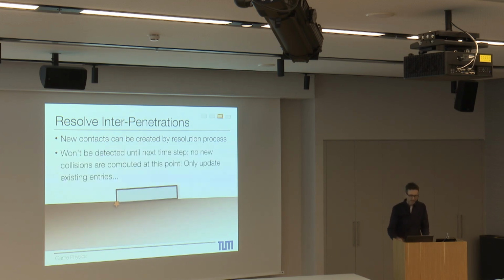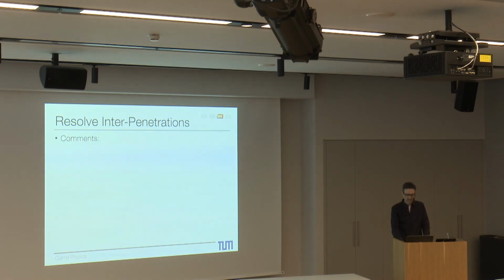But in the proposed algorithm, this would not be detected until the next time step, because in one time step we just have the set that's coming from the collision step. We're not updating the collision points. So this right point in the current time step would not be taken into account.